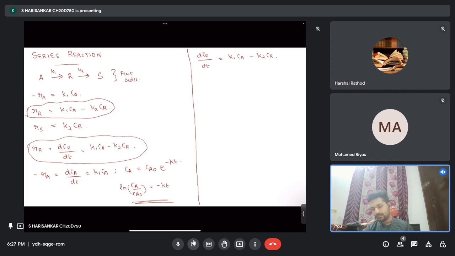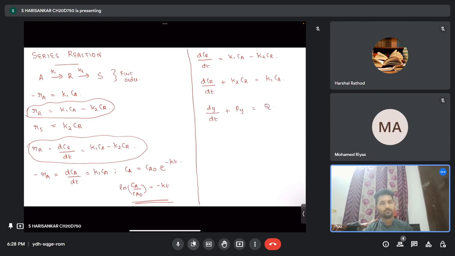We can even write this like this: dCr by dt plus K2 Cr is equal to K1 Ca. So this is a linear equation of the form dy by dt plus py is equal to q.